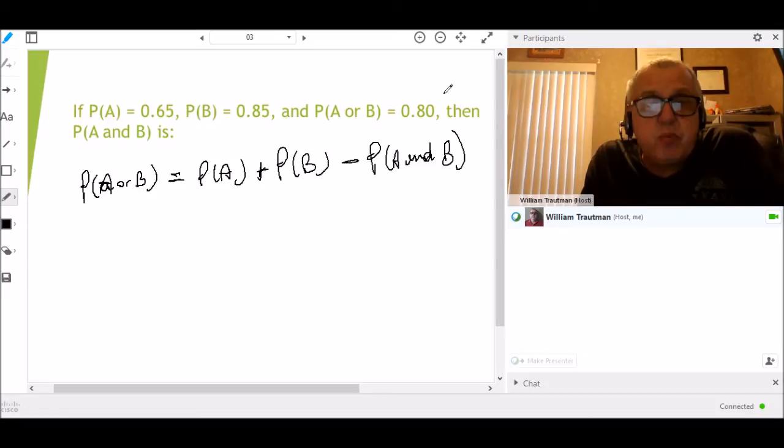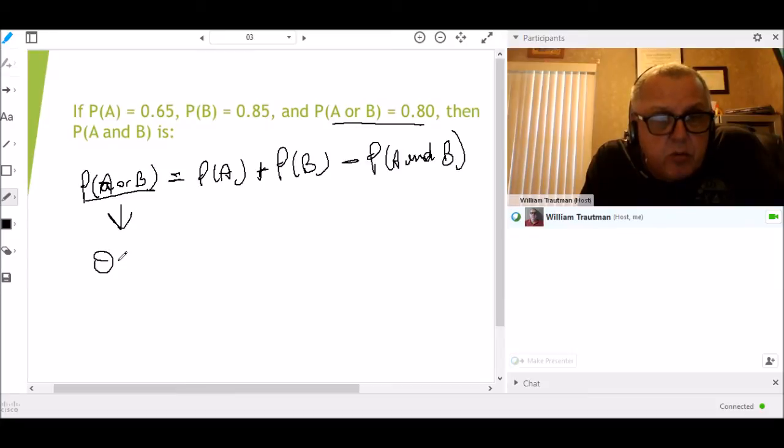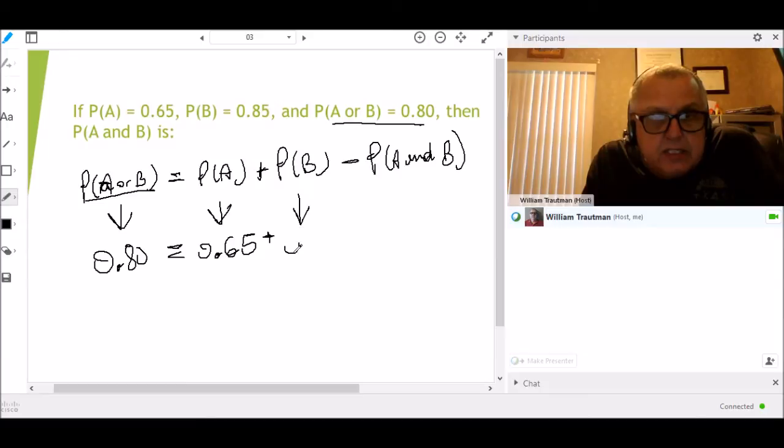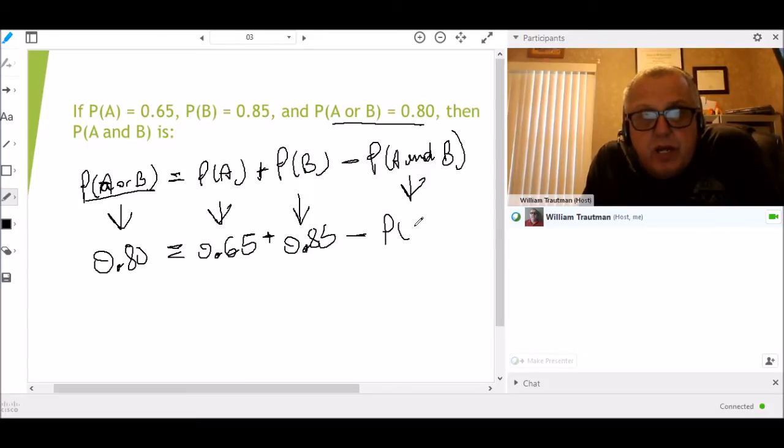Okay, so we have pretty much everything here. The probability of A or B is 0.80. The probability of A is 0.65. The probability of B is 0.85 minus the probability of A and B. That's what we're trying to find.